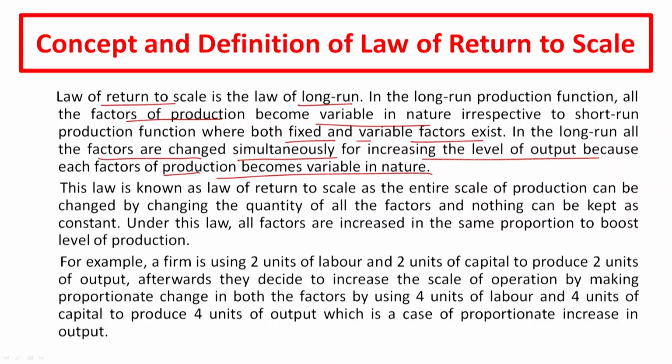This law is known as returns to scale, as the entire scale of production can be changed by changing the quantities of all factors and nothing can be kept constant. Why is it returns to scale? Because the entire scale of production is changed. Entire scale of production changed means every factor of production will change for increasing the level of output.